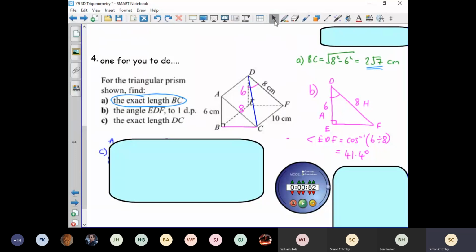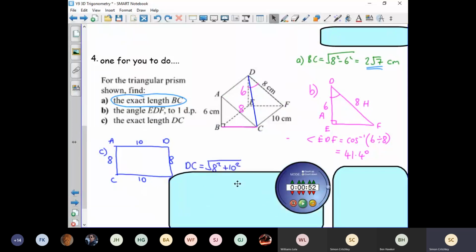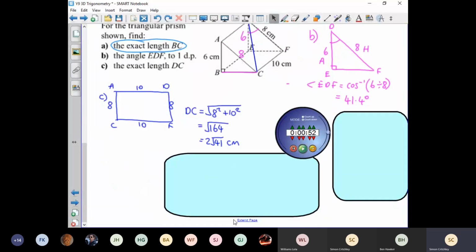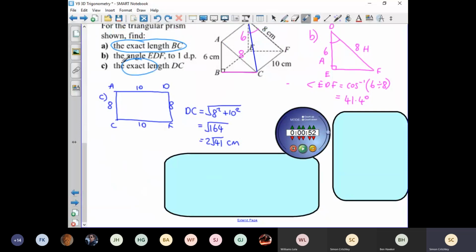Now that sloped face of the shape, A, D, F, C, is actually a rectangle, isn't it? So actually it's not too bad, is it? Because you've got a rectangle like that, 8 and 10, just Pythagoras again. 8 squared plus 10 squared to give you root 164 or 2 root 41, because again we were asked for the exact length rather than a decimal.